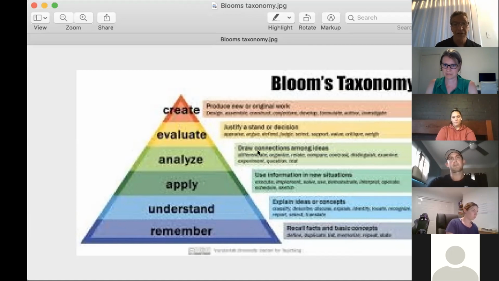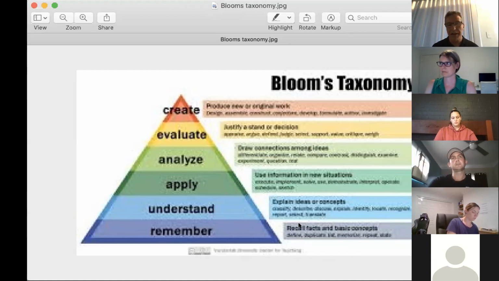I want to know if you can draw connections amongst ideas and if you can identify a stand or a decision, not whether you can tell me what the concepts mean. So people say things about having multiple choice in exams.